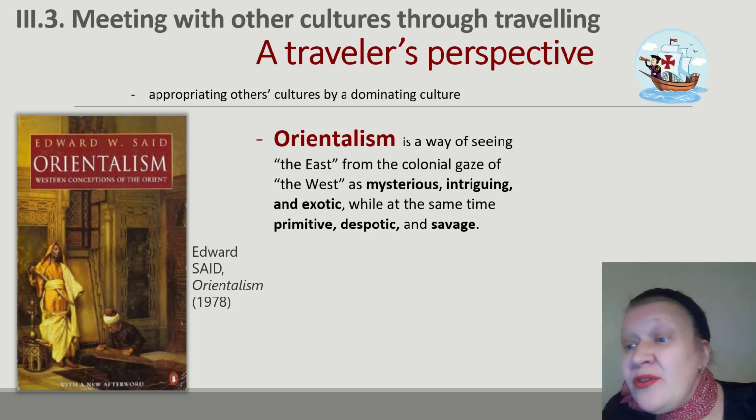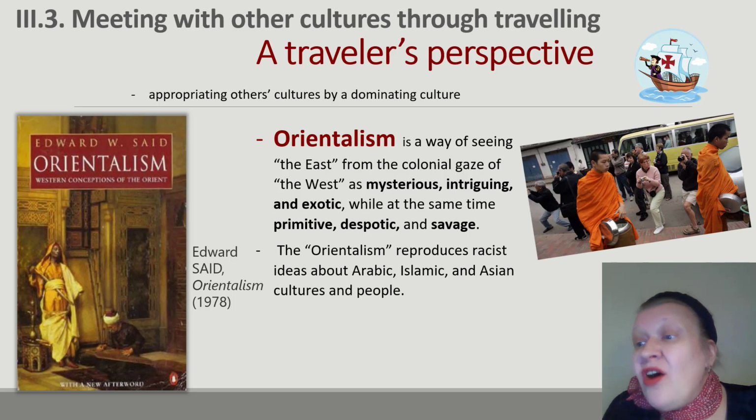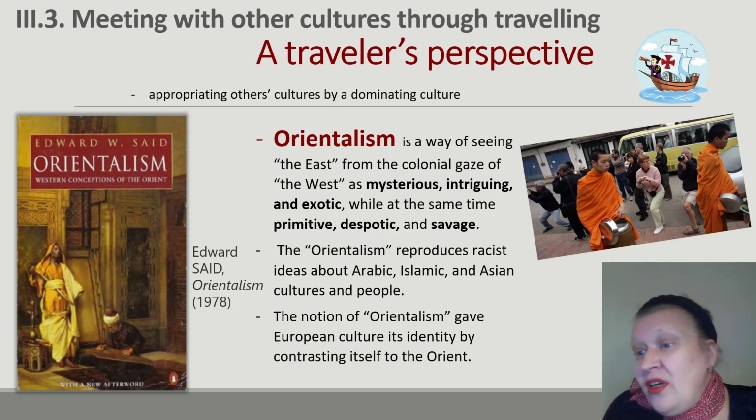Orientalism reproduced racist ideas about Arabic, Islamic, and Asian cultures and people. At the same time, according to Said, it gives European culture its identity by contrasting itself to the Orient.